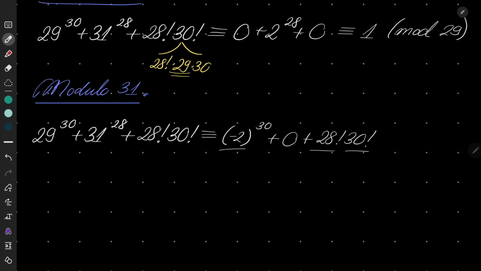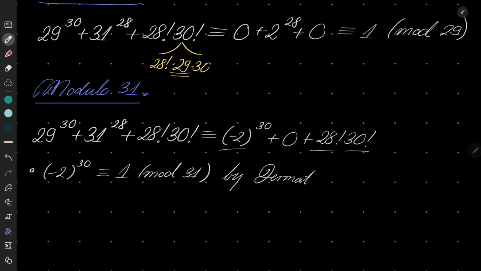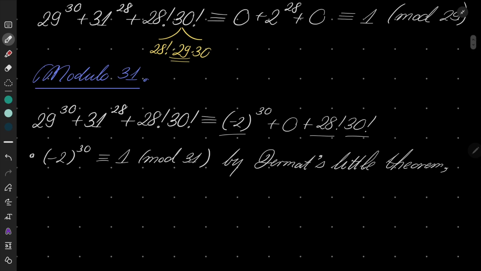What do we get? Well, minus 2 to the power of 30, again by Fermat's little theorem, is just congruent to 1 modulo 31. What is 30 factorial congruent to?